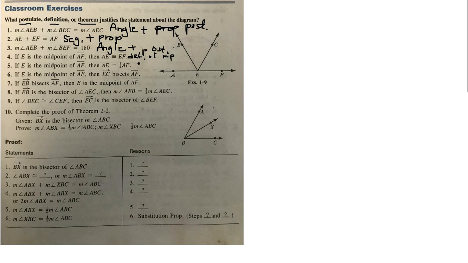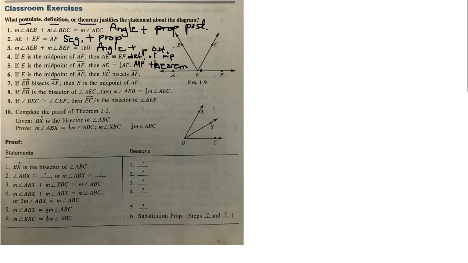That is the theorem, let's see, I'm just thinking how to say this. This is the midpoint theorem, as opposed to the definition. Theorem. All right, number 6. If E is the midpoint of AF, then EC bisects AF.